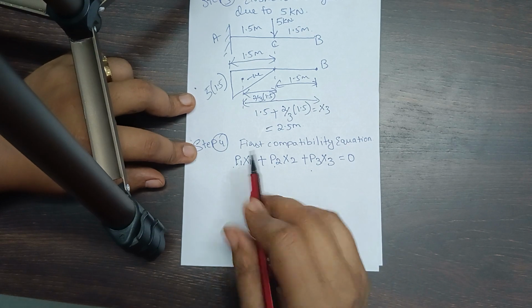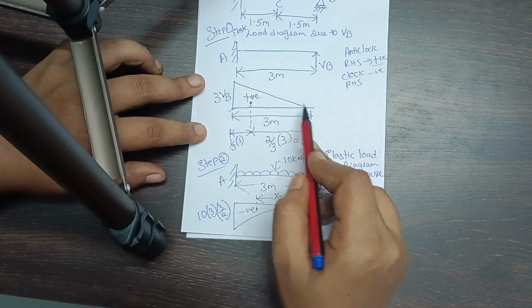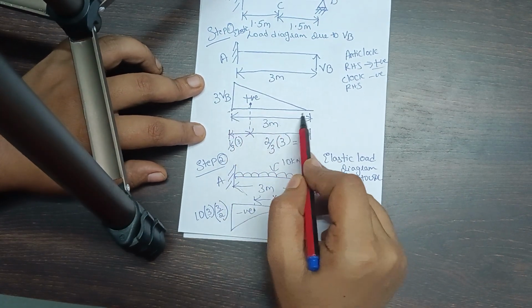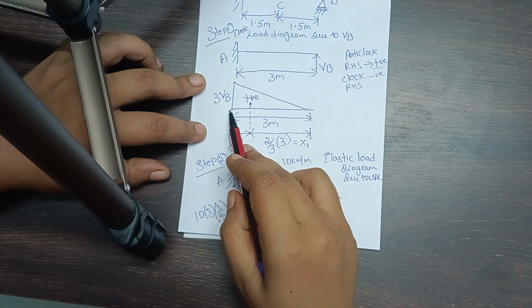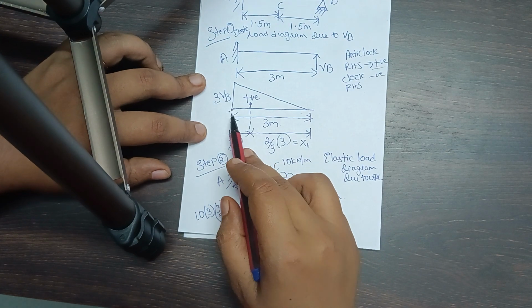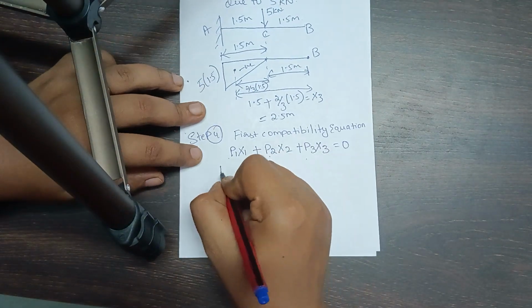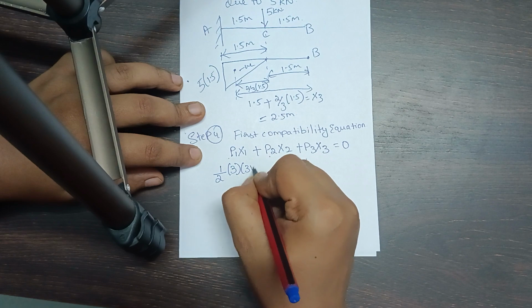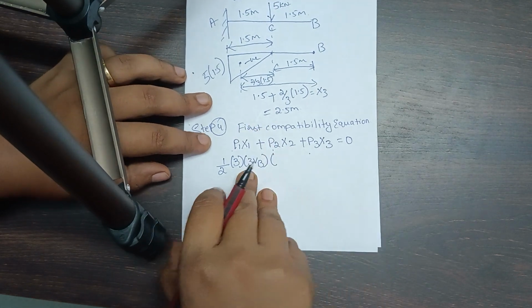So P1, if I go to step 1, is for this elastic load diagram. P1 is equal to the area of this overall triangle, so half into base into height. Half into base is 3 meters, and height is 3 times VB. So half into 3 into 3 times VB, into the centroidal distance x1.